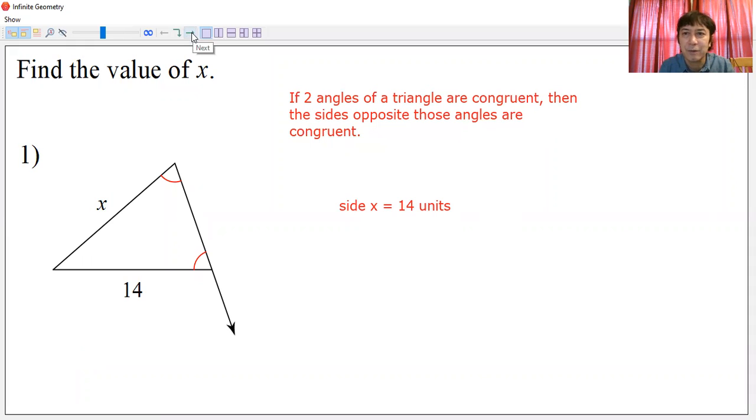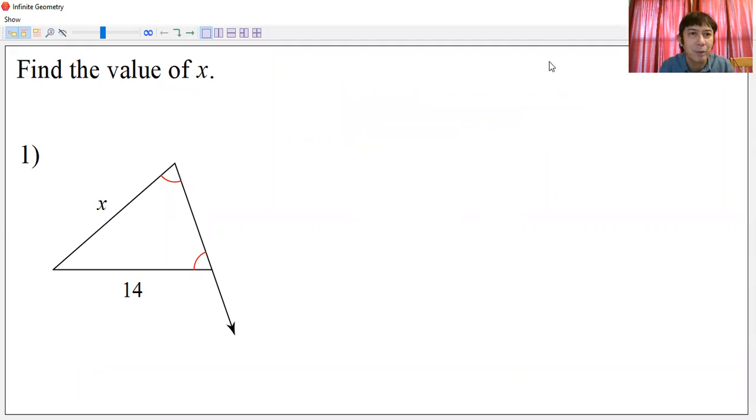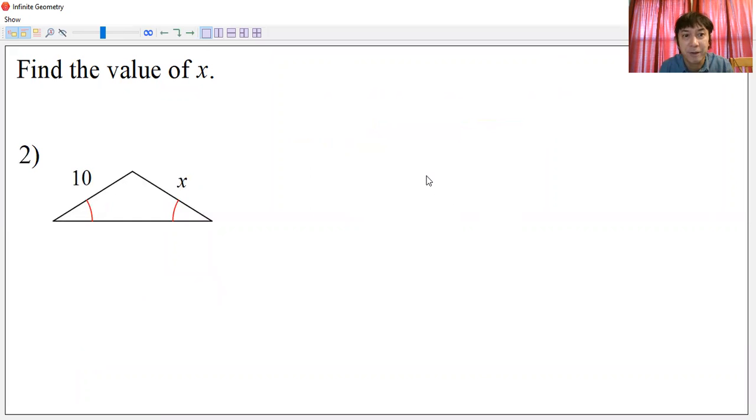Next, let's continue with the second number. All right, here's number 2. Find the value of x. Here's another triangle, with markings inside, markings of the angles, and those markings tell us that those two angles are congruent.